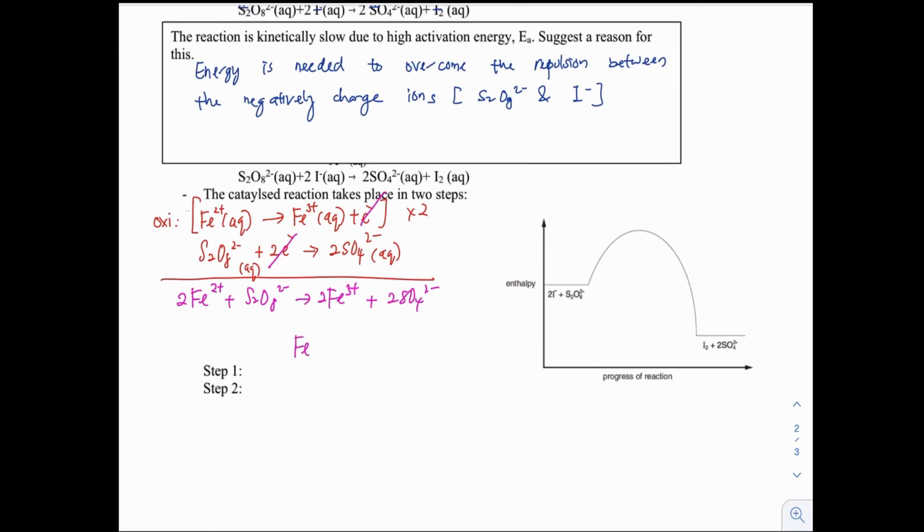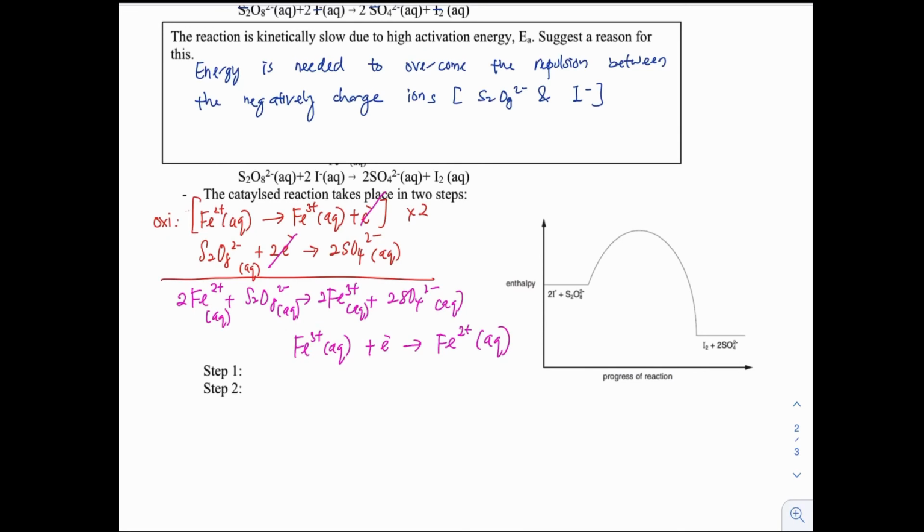So Fe3+, which is in the aqueous state, so all this is in the aqueous state, will be able to change back to Fe2+ by undergoing reduction. So in this step, this Fe2+ is regenerated, which means from the beginning you are using Fe2+, and right now in step 2, it is regenerating.